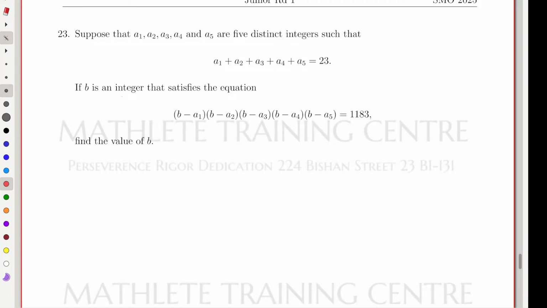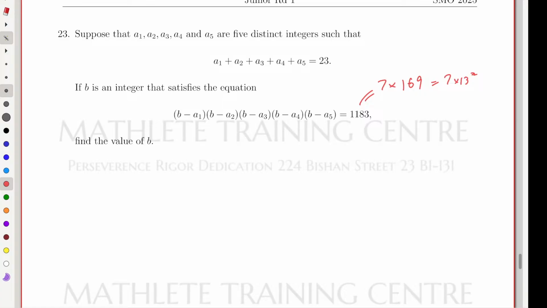You notice that it's not divisible by 2, 3, or 5. If you try 7, you realize it's divisible. It is 7 times 169. Wait, that doesn't feel right. 7 times 169, yeah, that is correct. So this is 7 times 13 squared.